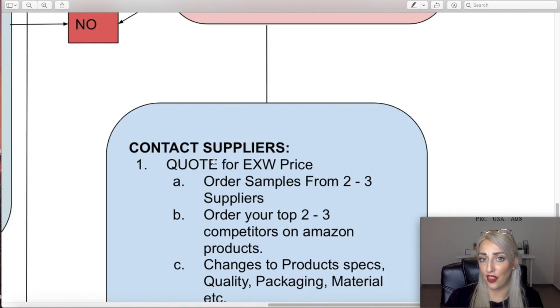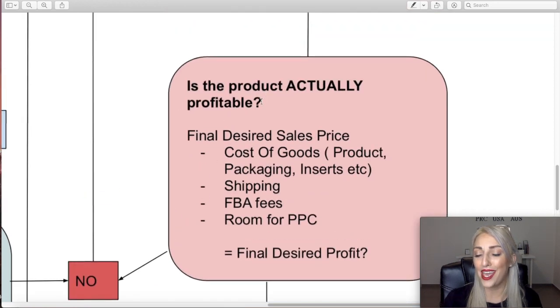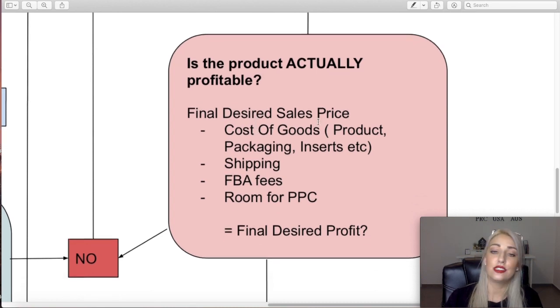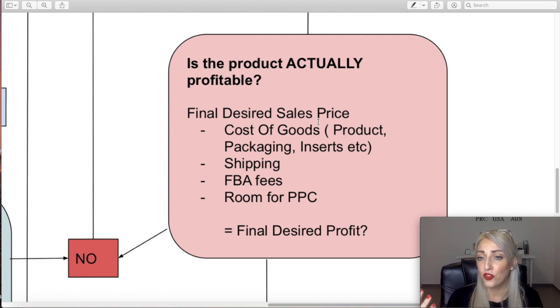Once you have that, you will then be able to know what the actual product profitability is. So your final desired sales price. Let's say you know that you're eventually going to sell this product for $29.95, you may need to sell it for $22.95 in the first month, but eventually you're going to sell it for $29.95.